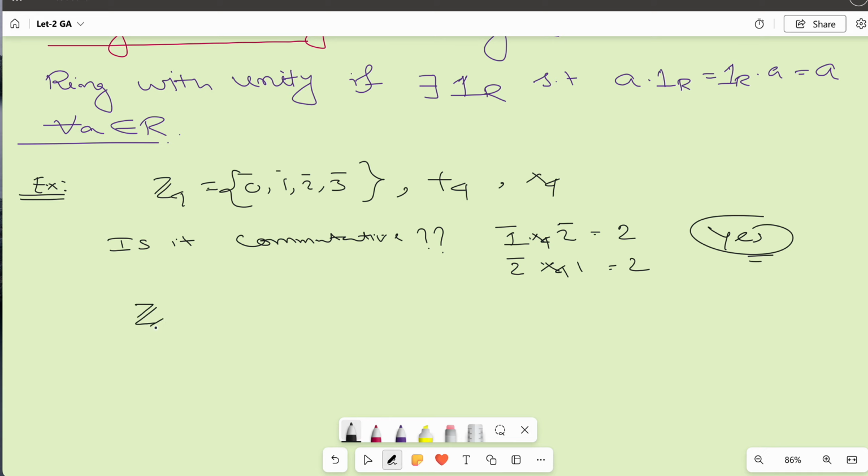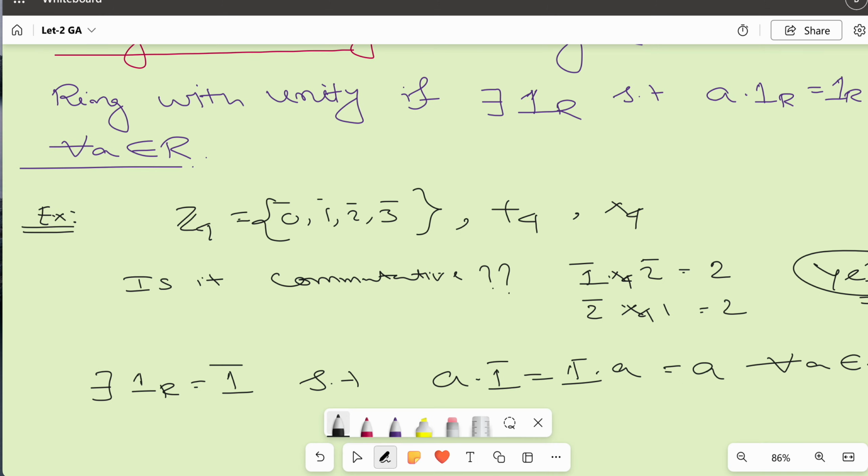So Z4, there exists an element in Z4, there exists 1 bar, which is actually 1, such that whatever element a you take, a dot 1 bar equals 1 bar dot a, which equals a, for every a inside Z4.